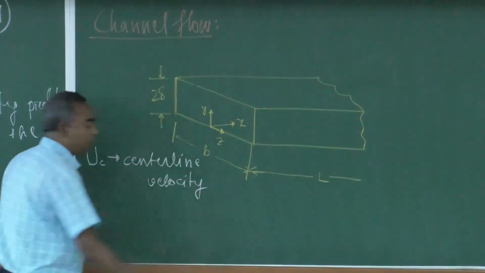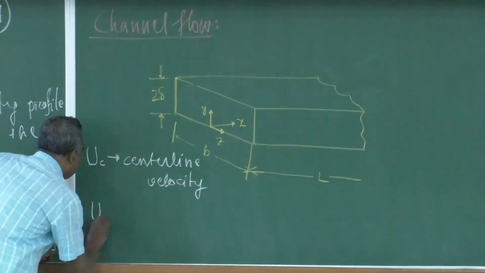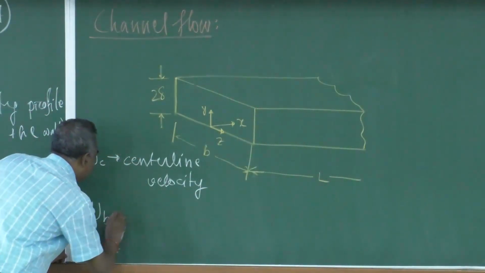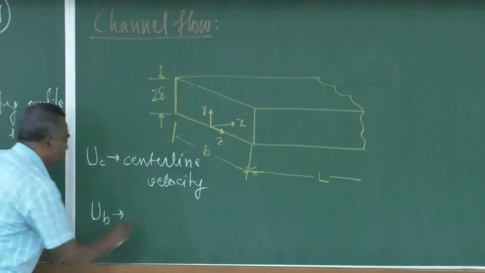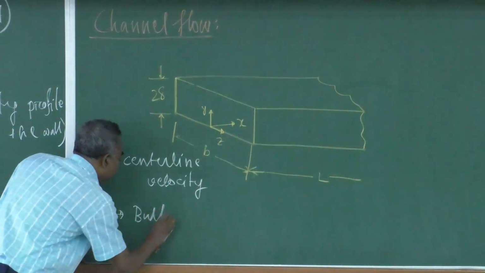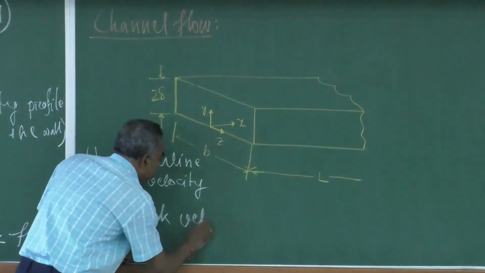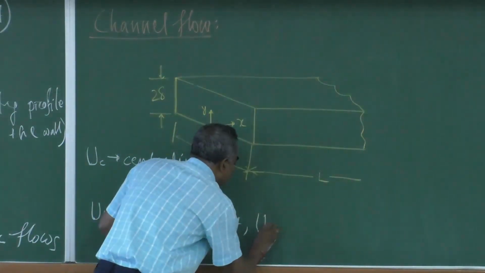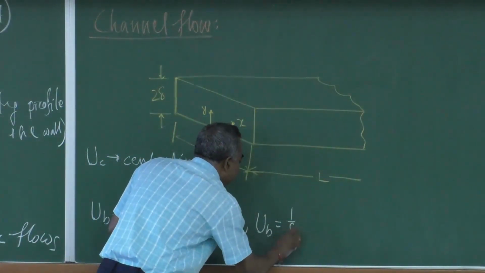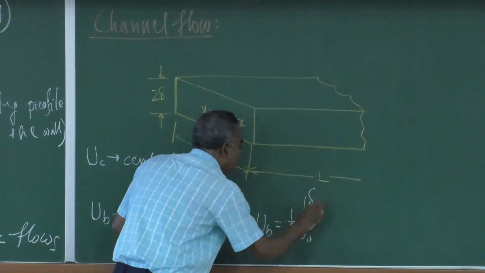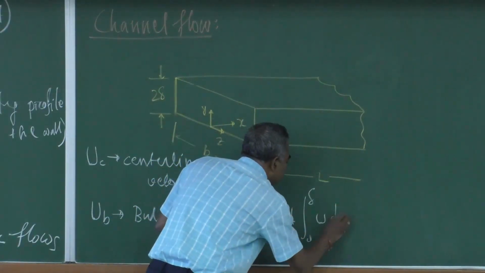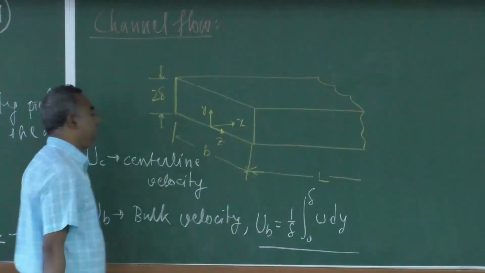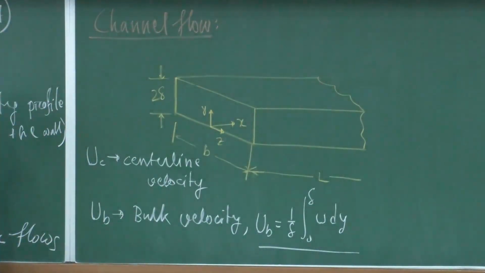We will consider another velocity, which is called the bulk velocity, u b, which is defined as u b equals 1 by delta, integral from 0 to delta of u mean velocity dy. So, this is the definition of bulk velocity.